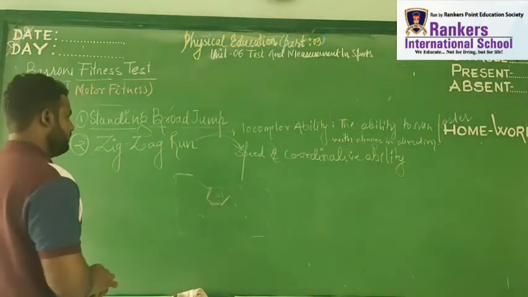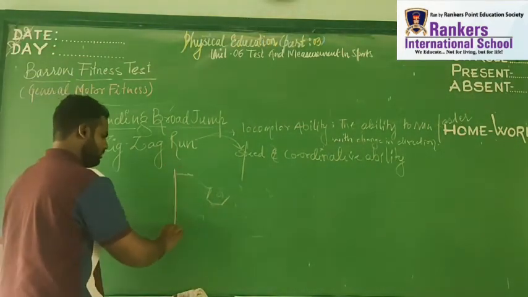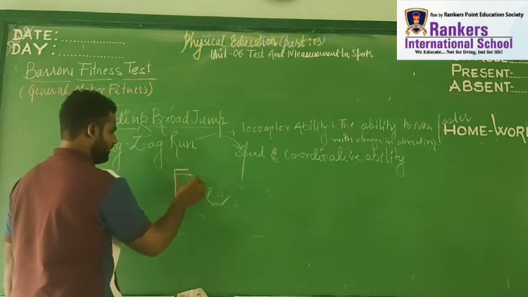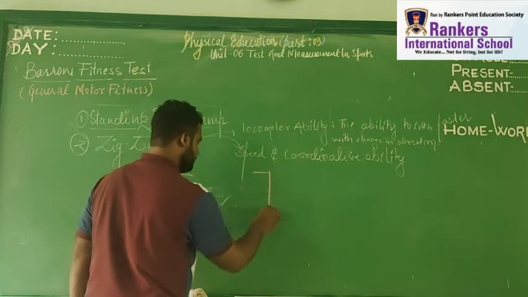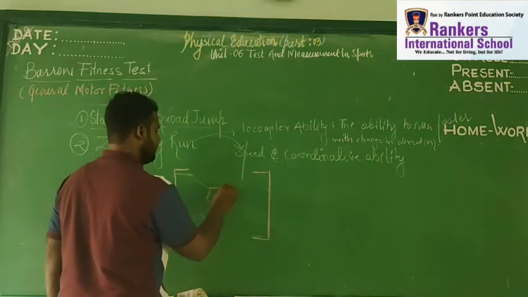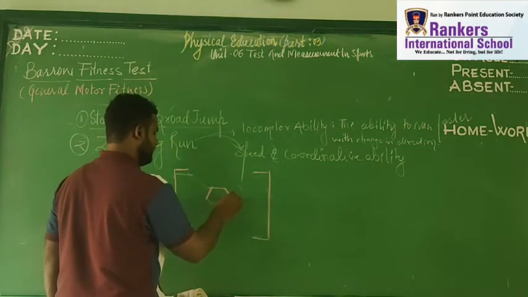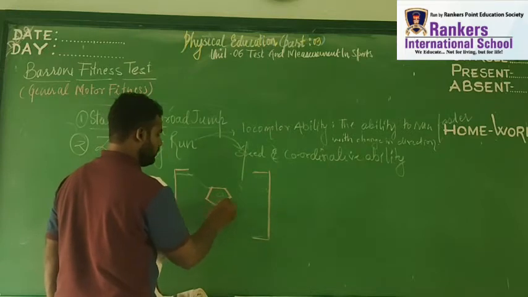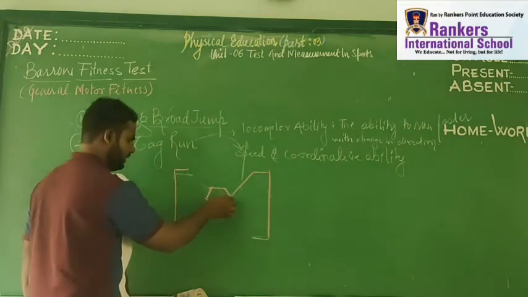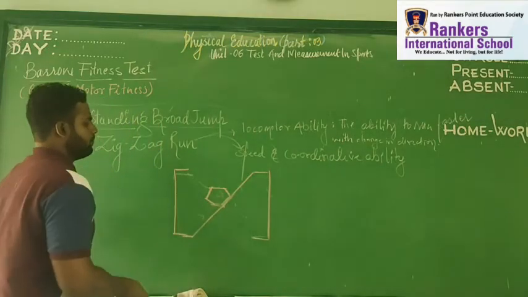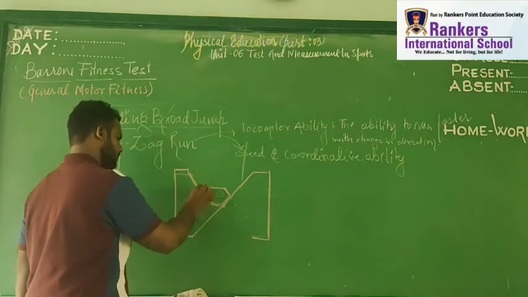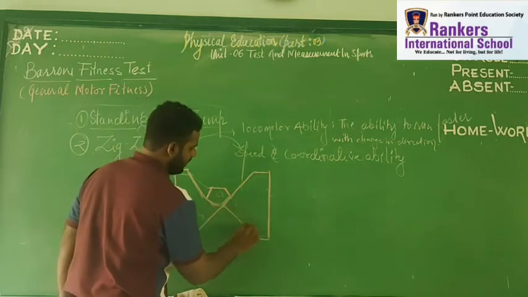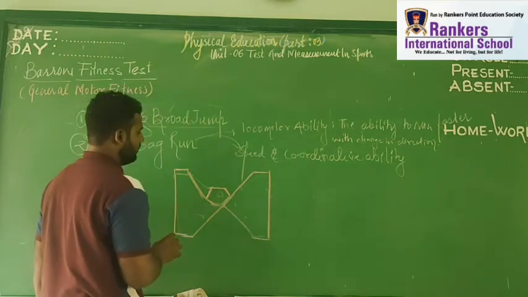For locomotor ability, we need to draw a diagram and I am going to tell you how to do it. We need 5 cones. How many cones are required? We need 5 cones, and there is once again a cone in the center. So the first thing we need to do is draw this diagram. After that I will tell you how to go for it.